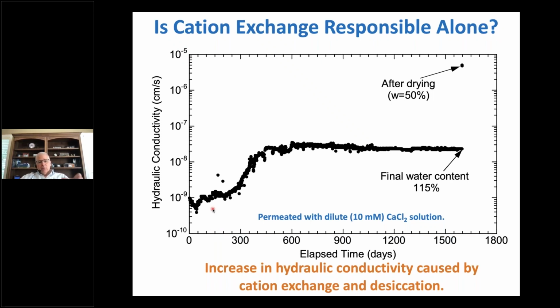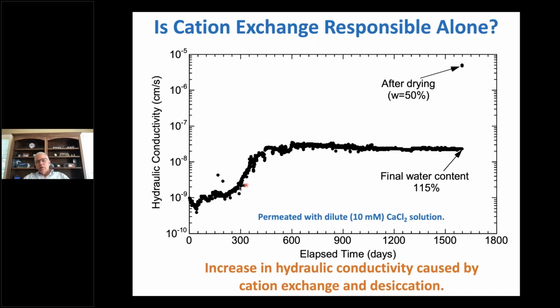We ran a test with one GCL with a dilute calcium solution, like we would see in the pore water coming out of that overlying soil layer, and he ran this test with a dilute solution just percolating through the GCL for 5 years, over 1,500 days. You can see over time the GCL started off very impermeable, like we'd see with a new GCL, almost for an entire year.